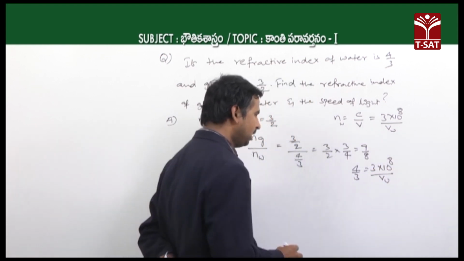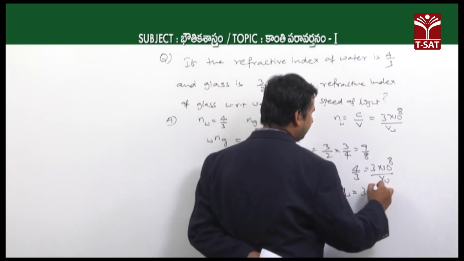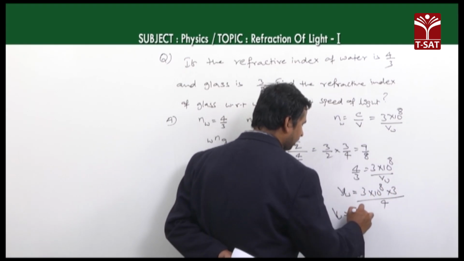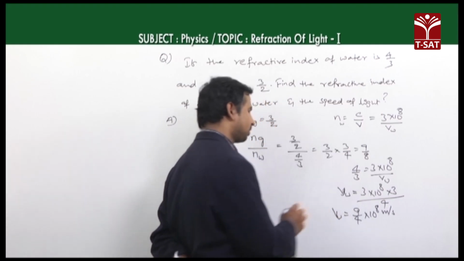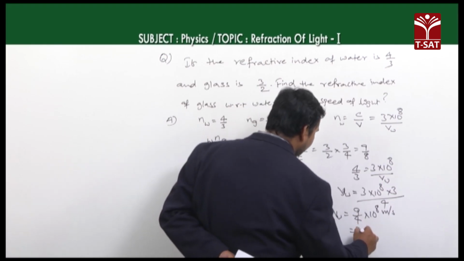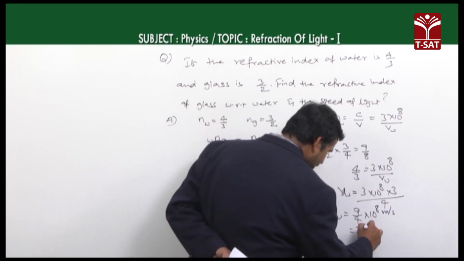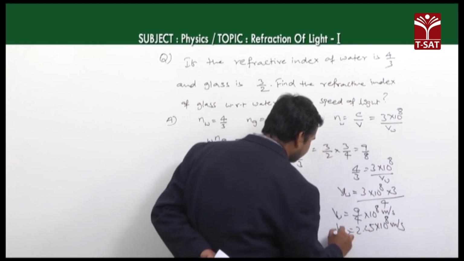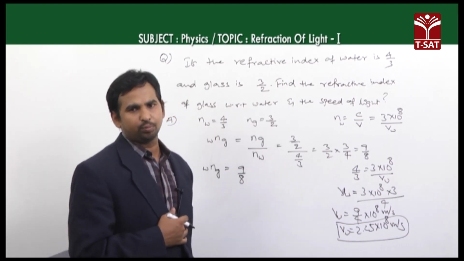Then the velocity in water is equal to 3 into 10⁸, and if you cross multiply by 3/4, you get the velocity of water as 9/4 into 10⁸ meter per second, which is 2.25 into 10⁸ meter per second. This is the velocity in water that you are getting.